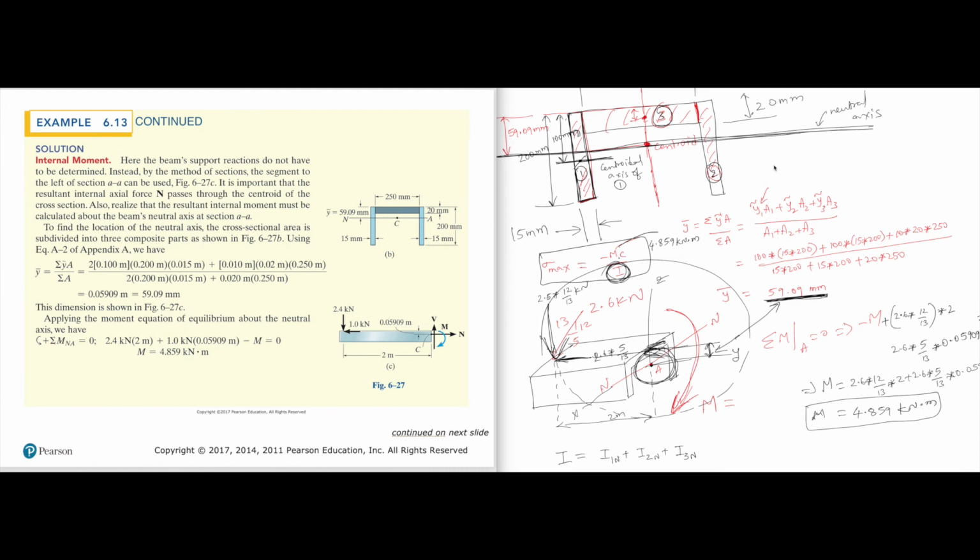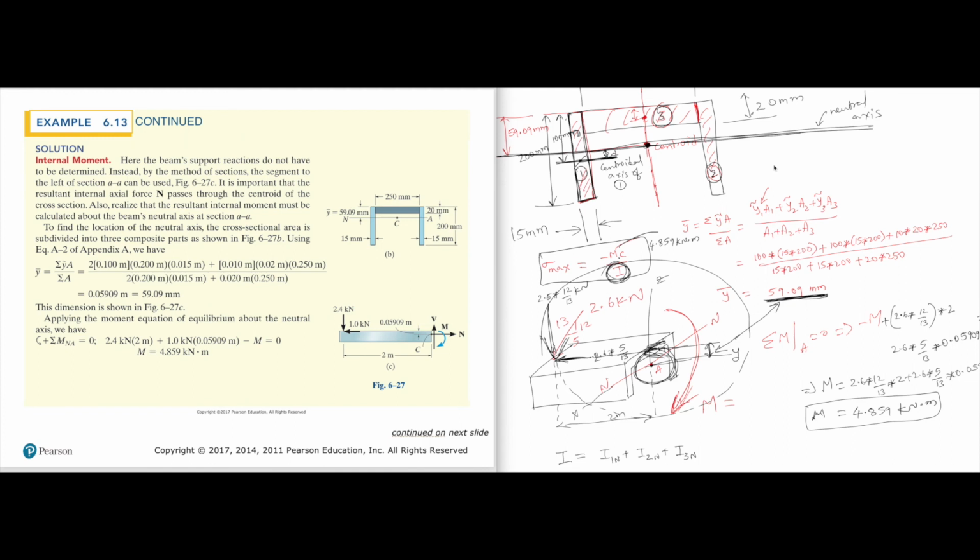But where is the neutral axis? The neutral axis is 59.09 mm from the top. So is the centroidal axis of 1 the same as the neutral axis of the cross section? Because the neutral axis of the cross section passes through the centroid of the cross section, not the centroid of 1. The centroid of 1 is different from the centroid of the cross section. That means we need to apply the parallel axis theorem, with this to be D, with that to be D. So apply the parallel axis theorem.